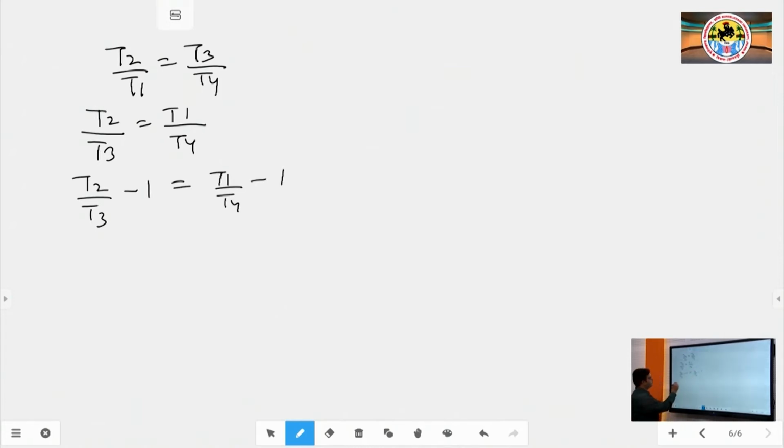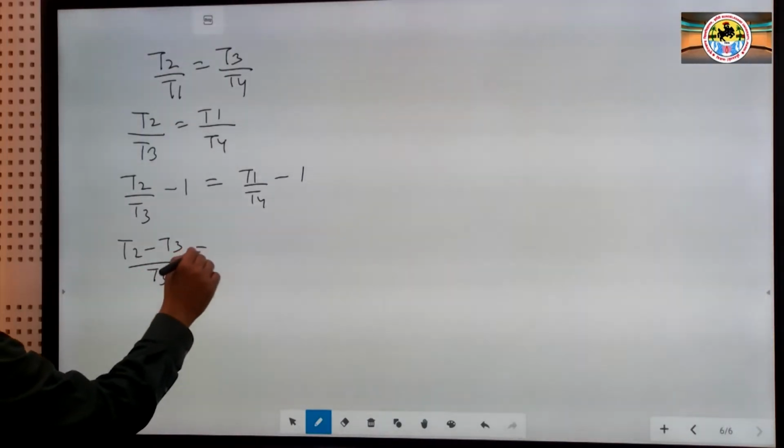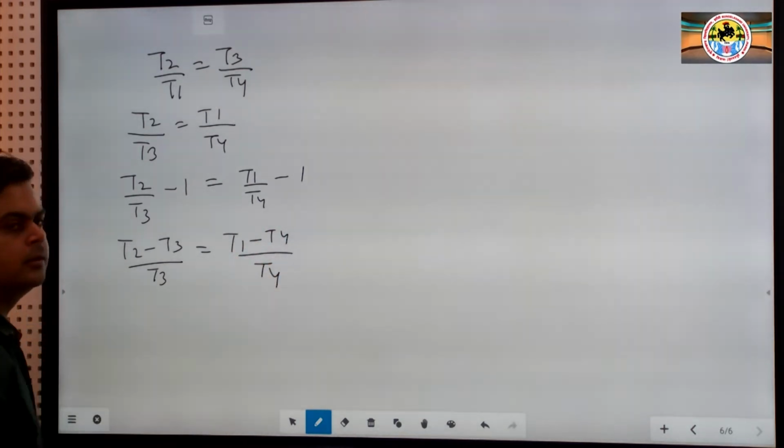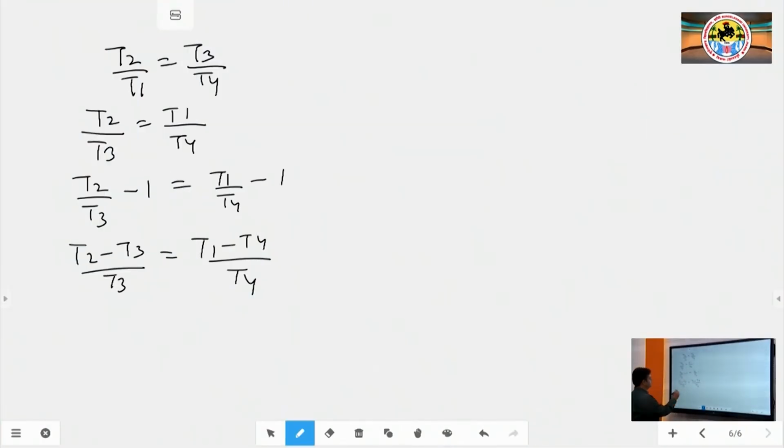So, we can calculate this: T2 minus T3 upon T3 is equal to T1 minus T4 upon T4. So, T2 minus T3 upon, we have to take this in the denominator, is equal to T3 upon T4.